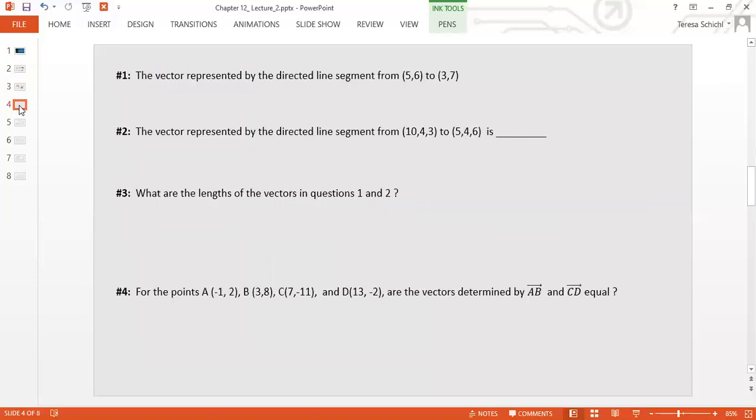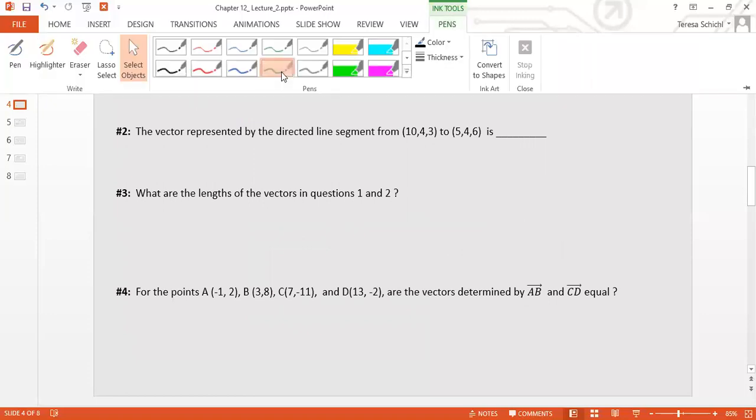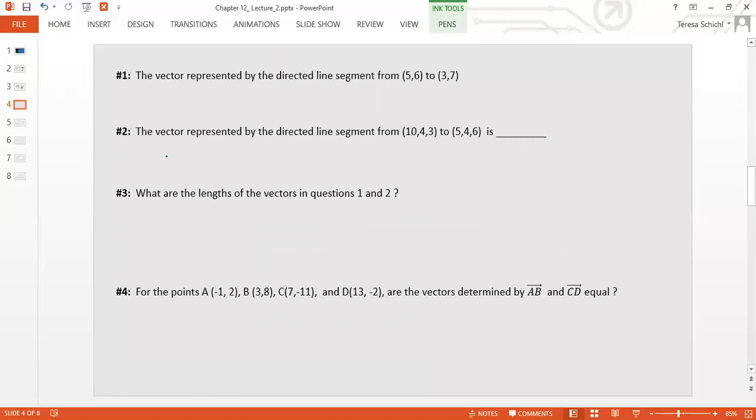Okay, now let's take a look at some practice problems. These will be pretty easy. They say find the vector represented by the directed segment, so be careful, it's from (5, 6) to (3, 7).